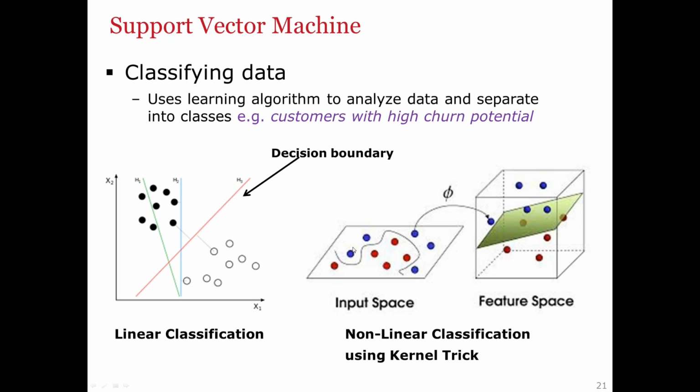In reality, it's a lot more fuzzy. And so we might plot data that looks like this, where it's not such a simple linear boundary in order to classify which customers will have high churn potential, which ones are low. So there are other techniques that we would learn that take this two-dimensional view and convert it to three or n-dimensional views, where we could much more easily look at this when we introduce another dimension.